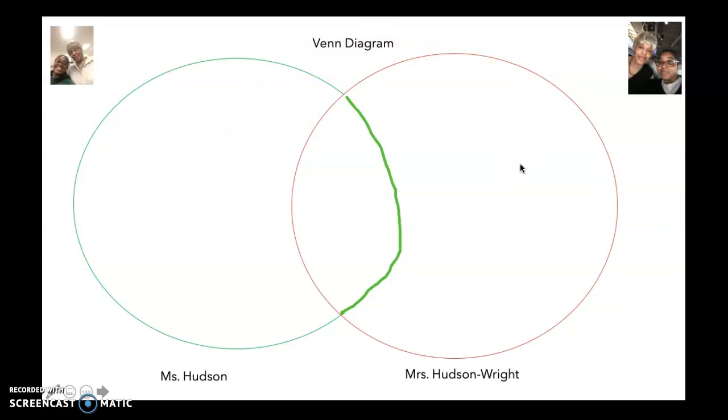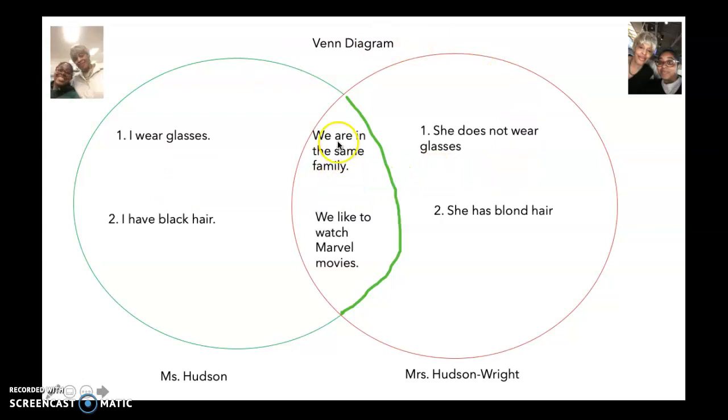Okay, so I took time, and I have our pictures here so that you can kind of see. So the first thing, I wear glasses, and you can see that in the pictures. I wear glasses. However, she does not wear glasses. Okay, over here, I have black hair, and you guys hopefully remember how I look.